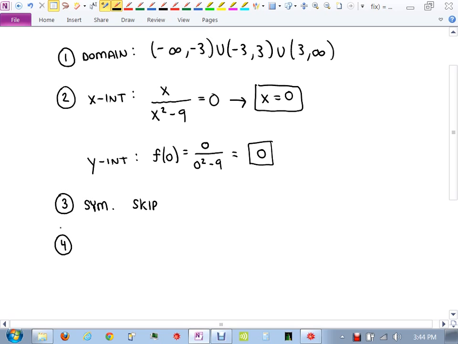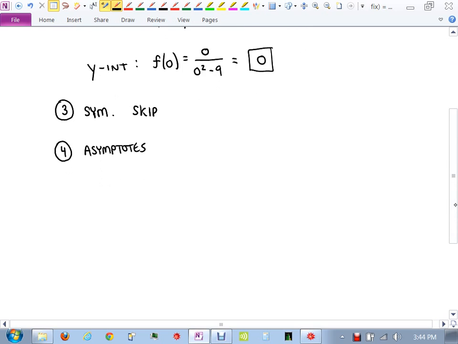Okay, find asymptotes. What type of asymptotes are there? There's two that we usually study in college algebra: vertical and horizontal. Okay, where do vertical asymptotes occur? They're vertical dotted lines, right? But where do they occur?